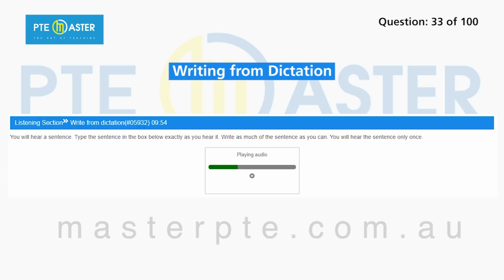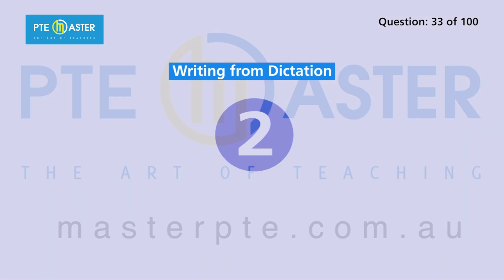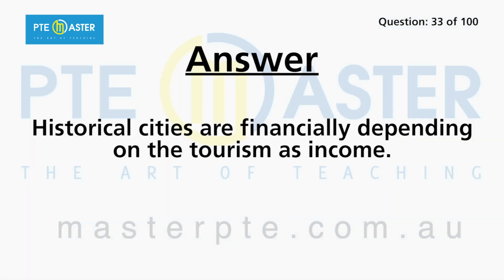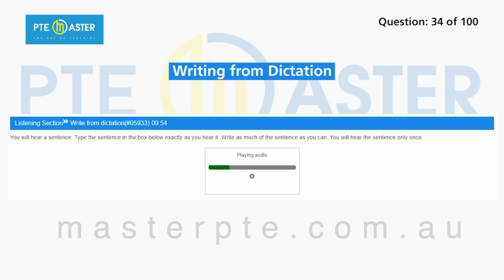Historical cities are financially depending on the tourism as income. We aim to develop the partnership with the government in financial institutions.